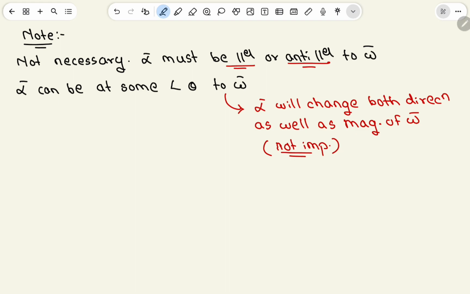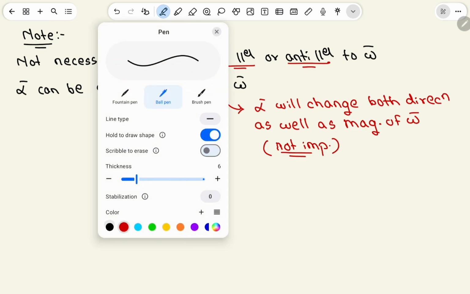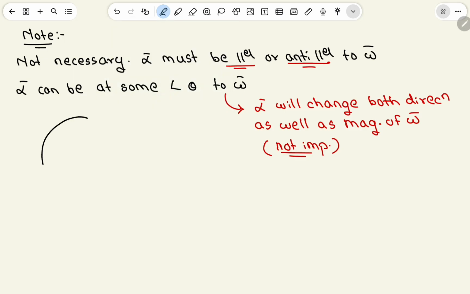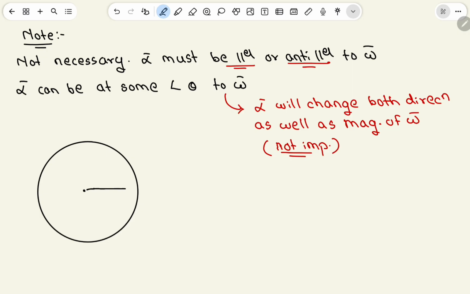Okay, now let's move on to the last topic of this lecture, which is nothing but the net acceleration during non-uniform circular motion. So now we just saw that in non-uniform circular motion, we have a non-zero value of AC, that is centripetal acceleration, as well as a non-zero value of AT.